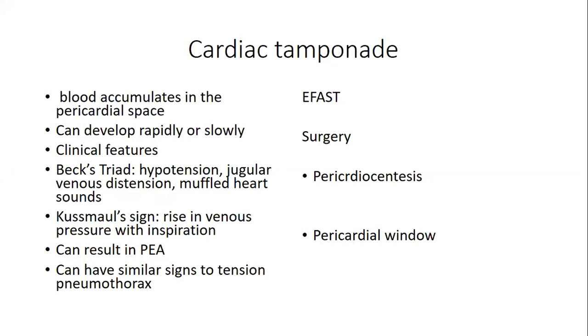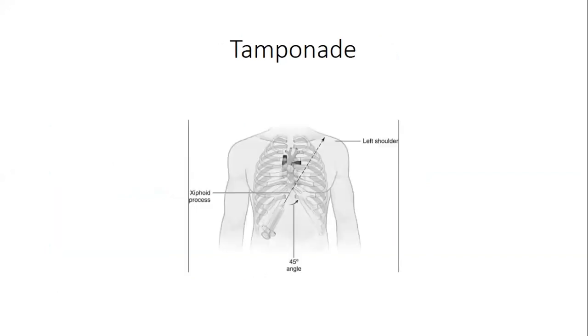For pericardiocentesis, the needle is angled at 45 degrees and aimed towards the pericardial space, usually with radiology guidance, to drain that fluid. It may not be enough. We may need a pericardial window by a thoracic surgeon to keep the space open to allow for contractility of the heart.